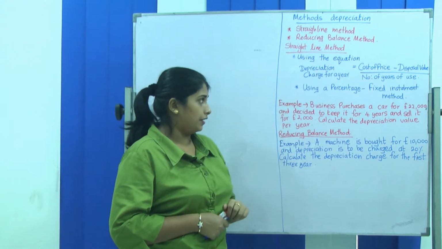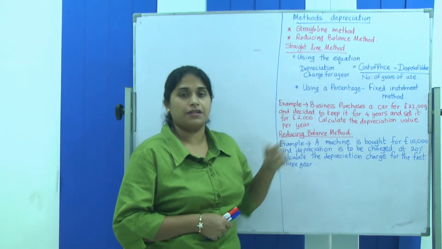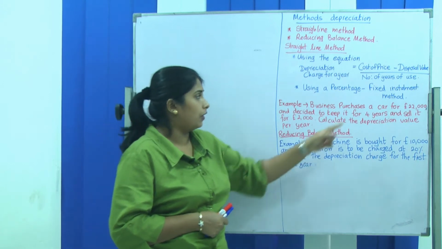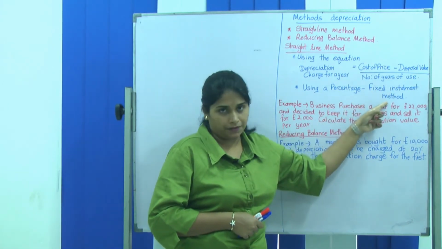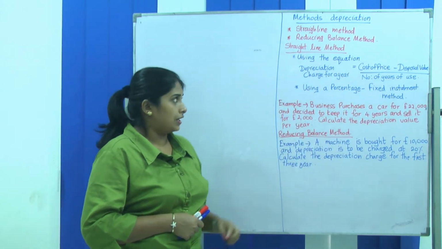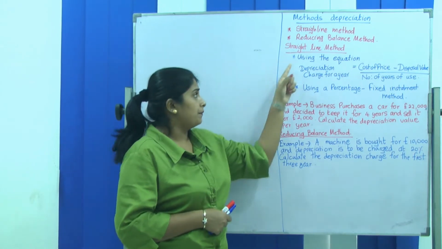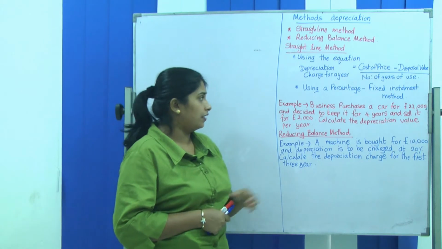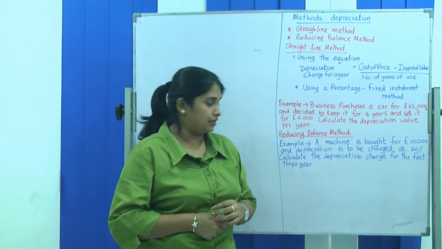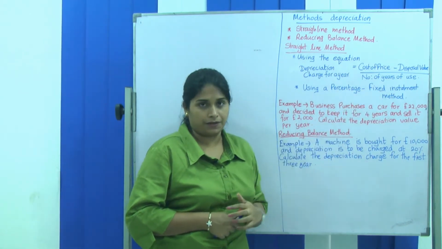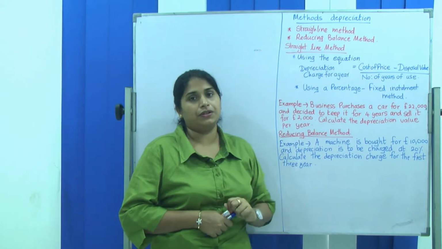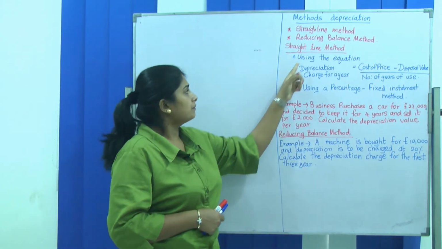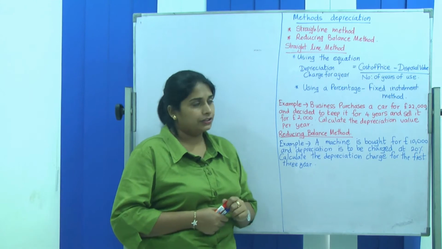The second is using a percentage, that means 10%, 20%, which we call the fixed installment method. Using a percentage, you can also calculate the depreciation charge per year.